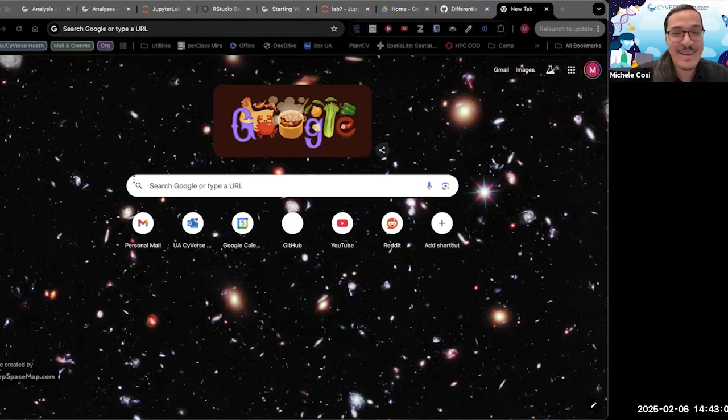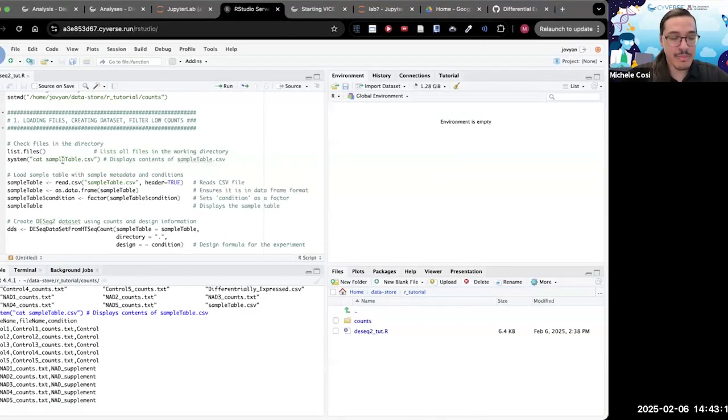This has been a really long time since I tried to say it, but it is important for the metabolism. So these are mice which were given different amounts of NAD supplements, and they want to check how the supplements affect the mice essentially, and they're using differential expression analysis to see this.